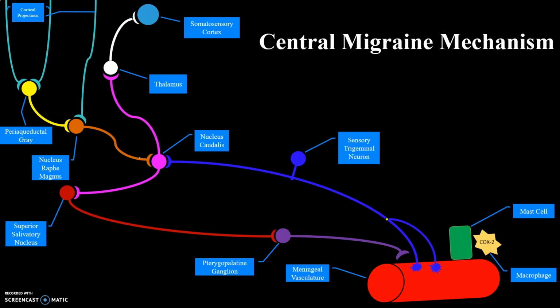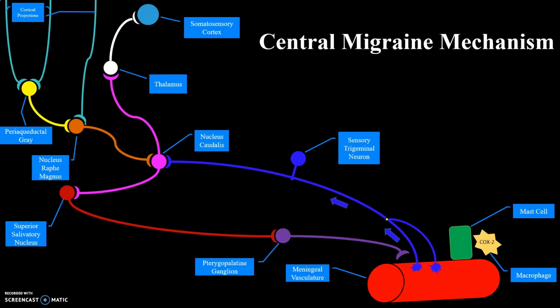And there's a phenomenon known as cortical spreading depression, where there's this depolarizing wave that travels through the cortical pathways and has been linked to auras and auditory disturbances and different things like that. So the theory is that perhaps as this cortical spreading depression propagates throughout the different nerve bodies, it then results in dysfunction of the para-aqueductal gray and nucleus raphe magnus.